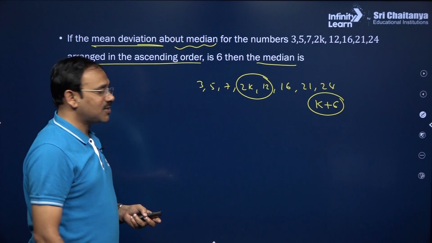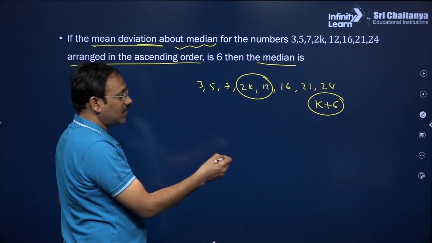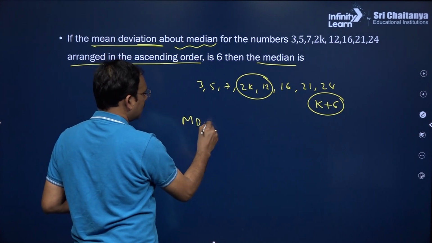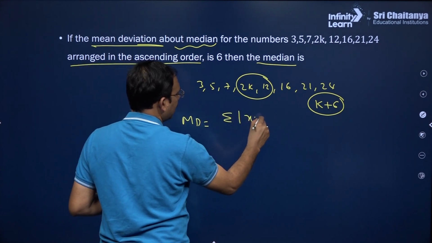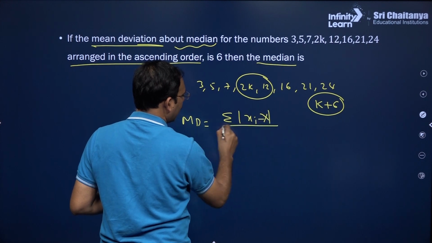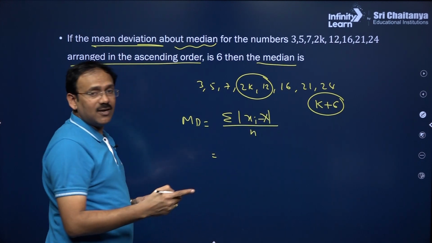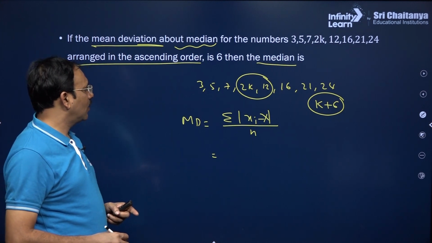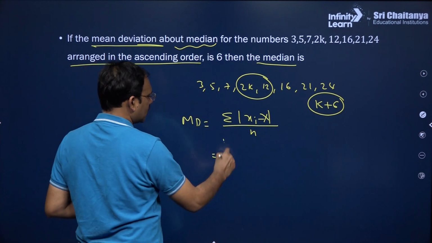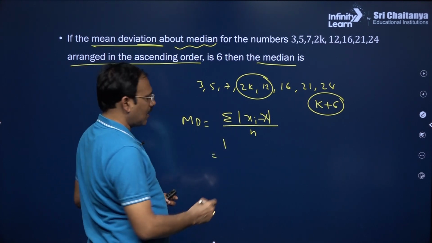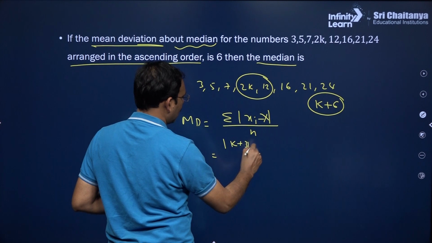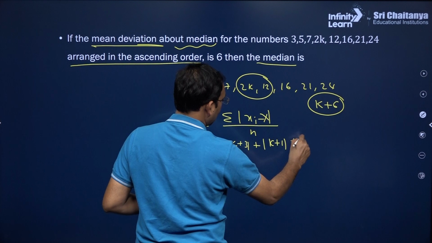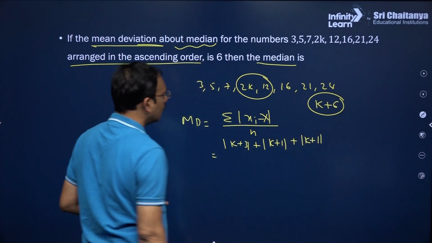Mean deviation means, my dear friends, the deviation about the median. The mean deviation formula is sigma mod xi minus x by n. So, from each entry you have to subtract k plus 6. So, modulus of 3 minus (k plus 6) gives k plus 3, then k plus 1, and k plus 1 again, because of the difference.